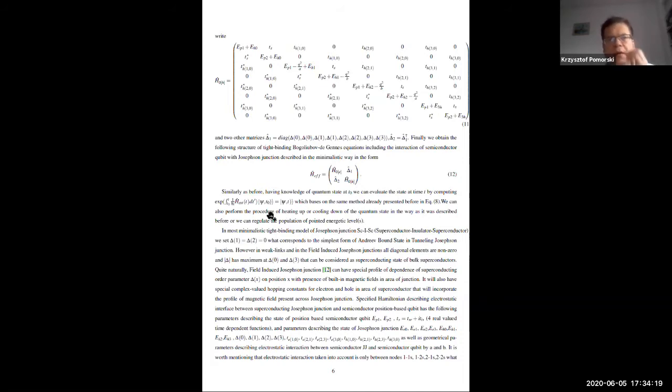And all right, so now the question is how to express the existence of the superconducting state. We already have two block matrices on the diagonal, and there's a necessity to express the existence of the superconducting order parameter.